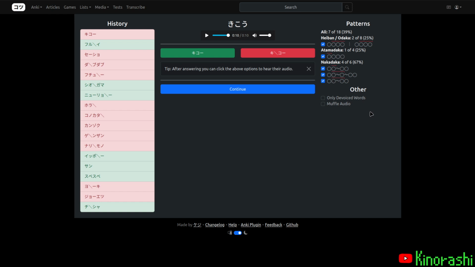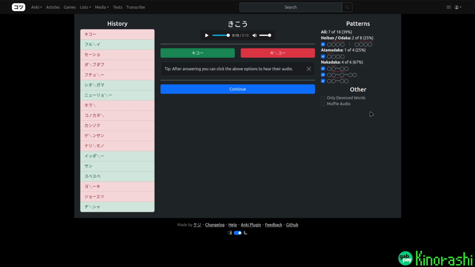Oh, I see. So in heiban, it'll be low high, and it just terminates as high, and there's nothing after it.